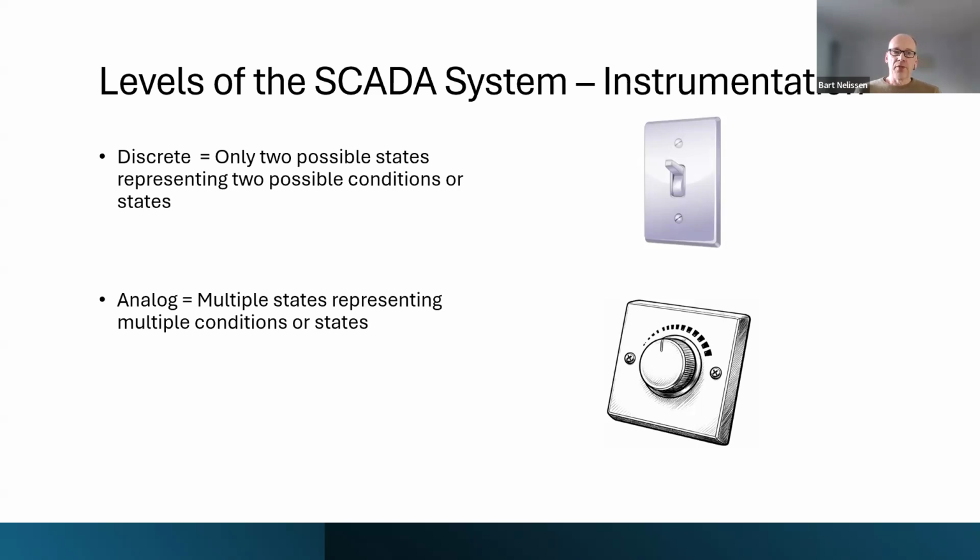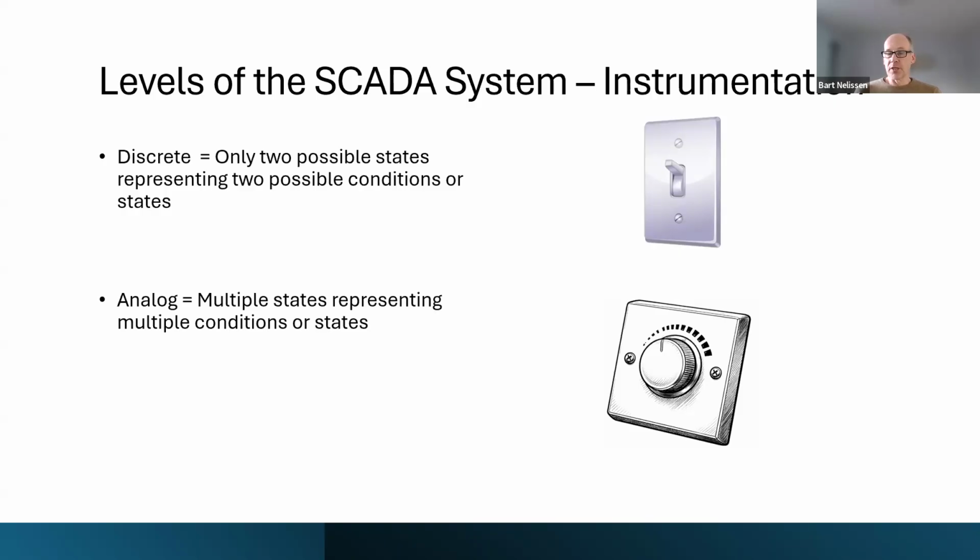And with these analog and discrete type systems, we have, and I think I mentioned earlier, the inputs and outputs. We have monitoring and controlling of these devices out on the plant floor. So that's what we call these. In the world of SCADA, we call those discrete inputs or discrete outputs. And a discrete input would, for example, be a device, a sensor that's out on the plant floor where we are monitoring its state.